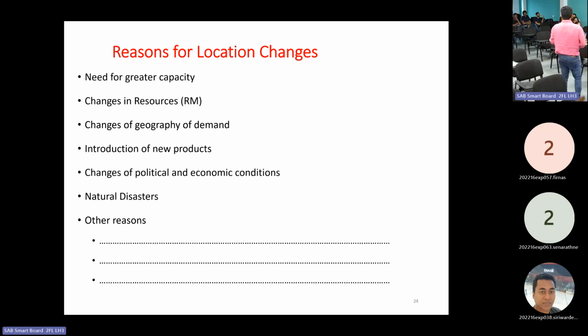And changes in the geography of market demand. Assume earlier a small scale factory catered to a particular district. Now they have expanded their operations and want to supply the entire market in Sri Lanka, so it is good to operate close to the commercial hub, Colombo, so that they can easily transport.